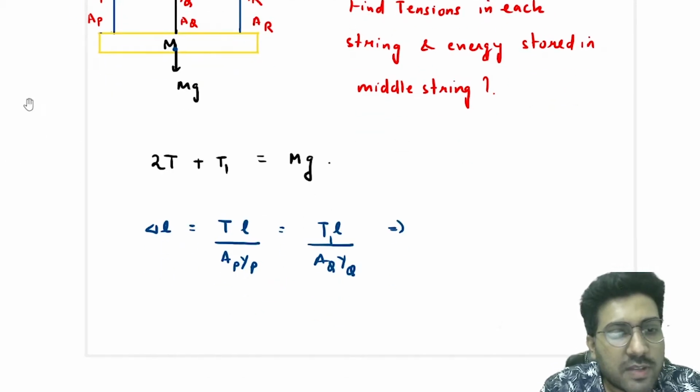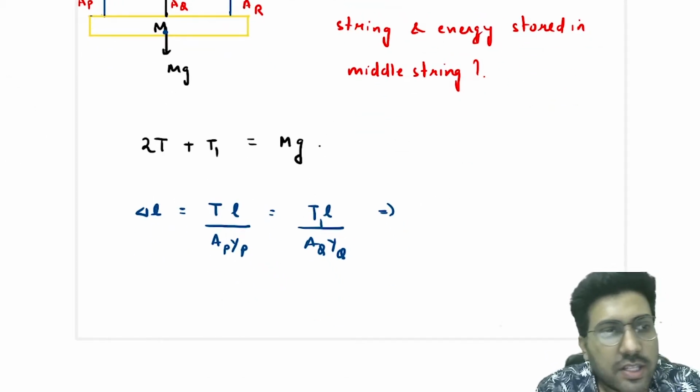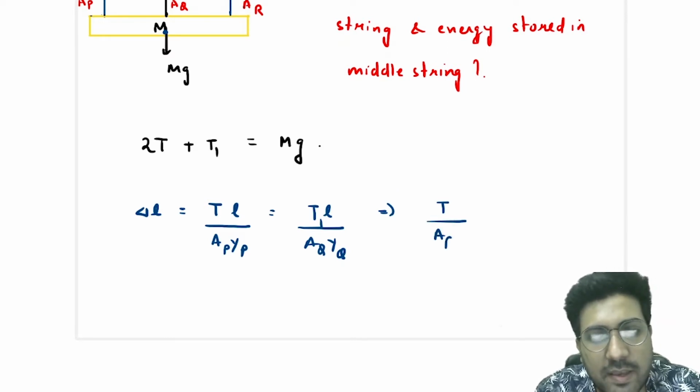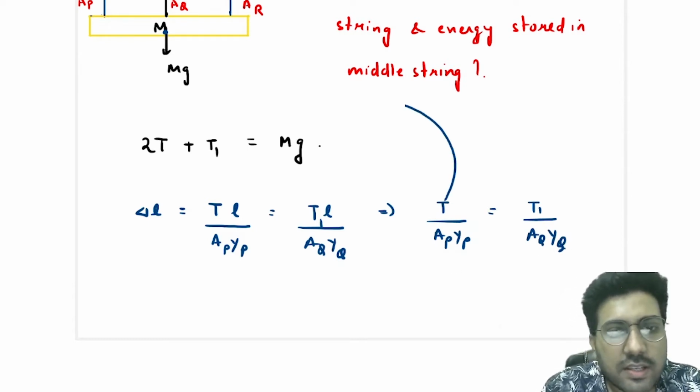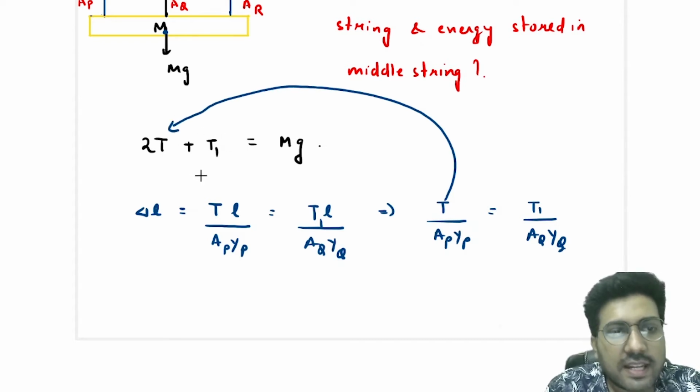So TL gets cancelled out, and you have T divided by APYP is equal to T1 divided by AQYQ.